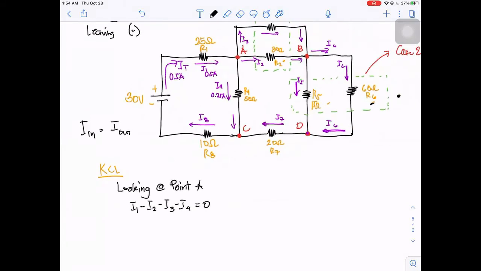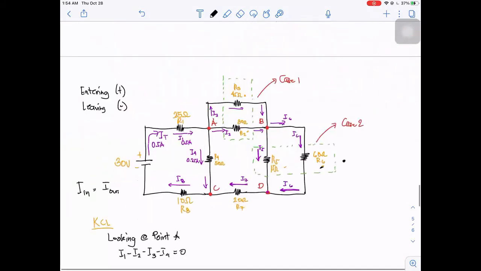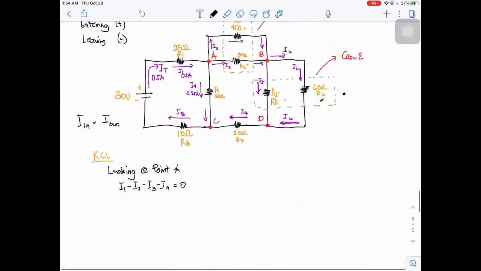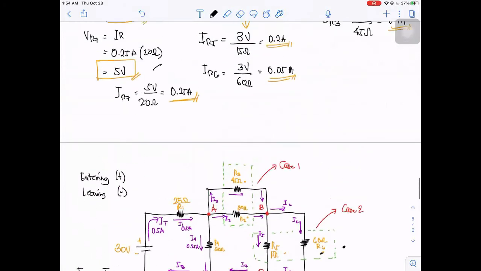Now substituting the values of these currents based on our previous solution, we have I1 is equivalent to I total, so we have 0.5 ampere minus I2. So what is I2?